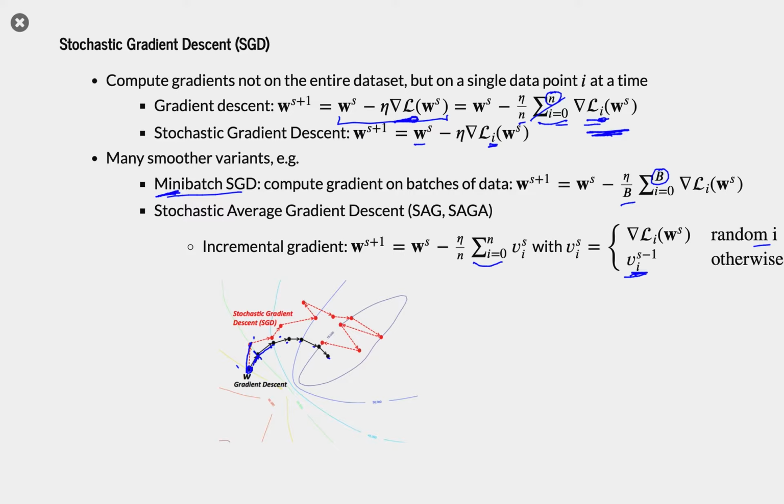This is also called an incremental gradient. We don't completely replace the gradient, we only update the component for one random point in our data set. This is a smoothed version of stochastic gradient descent, which works nicer, and especially for linear models, this is one of the best techniques you can use.